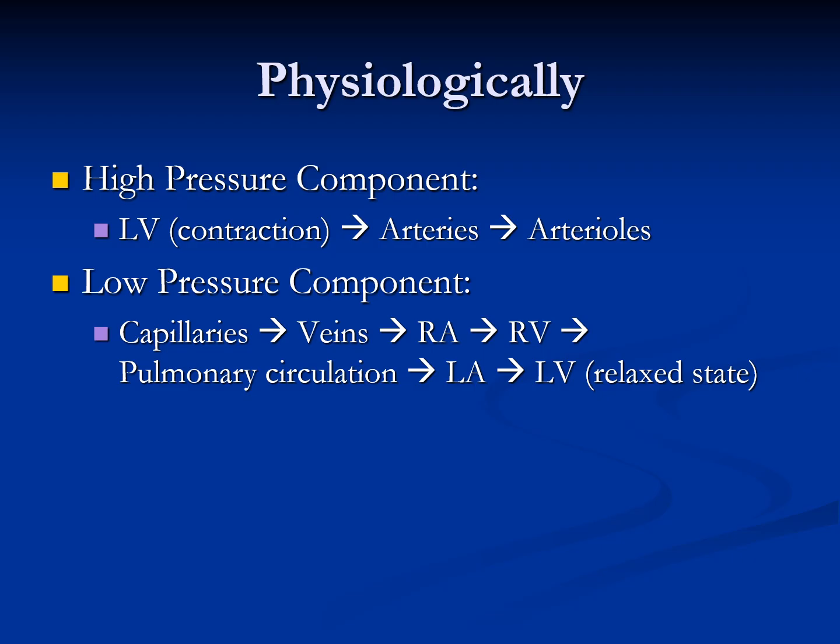So the LV in systole generates a high pressure, and this high pressure is transmitted along with the stroke volume of blood that it ejects into the artery. That's why pressure in the aorta, in your carotid, in your femoral, in your popliteal, is almost the same, 120, 130, 150 millimeters of mercury.